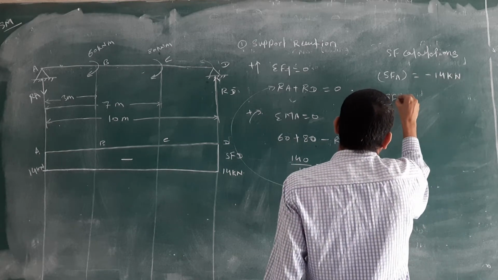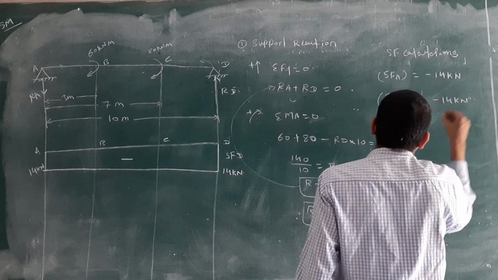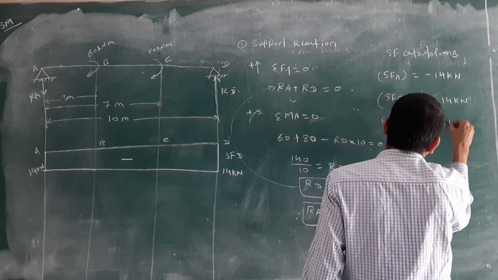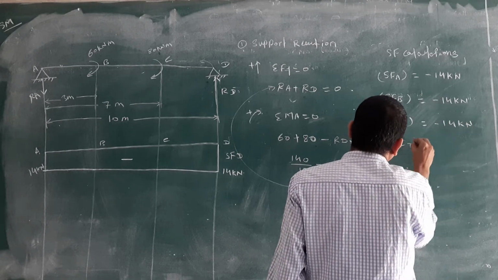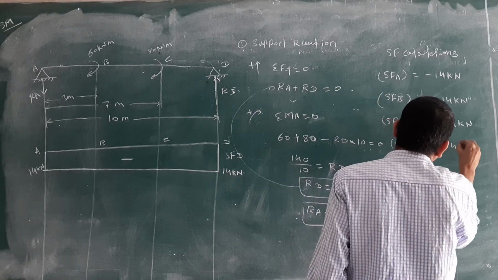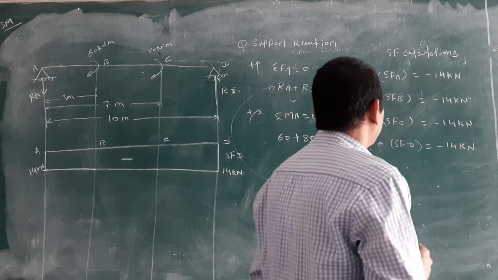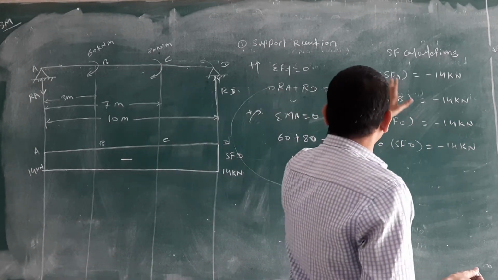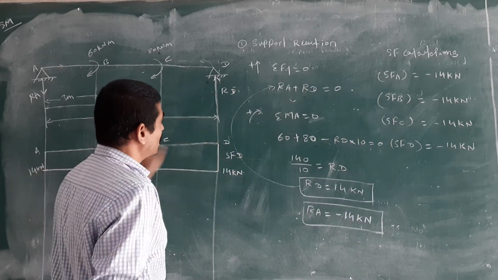SF at point B is again minus 14 kilonewton. SF at point C, again we will get minus 14 kilonewton. And SF at D, again you will get the same value. Means A, B, C, D, you will get the same value. If you take just the left side, you will get only 2 points, left and right, for A and D.